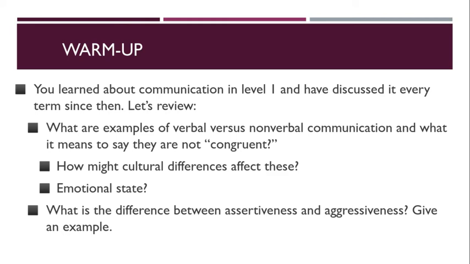So to review, what are examples of verbal versus nonverbal communication and what does it mean to say they are not congruent? Then look at how cultural differences and someone's emotional state might affect these, and what is the difference between assertiveness and aggressiveness? Give an example. Go ahead and pause at this point and complete those questions and review communication.